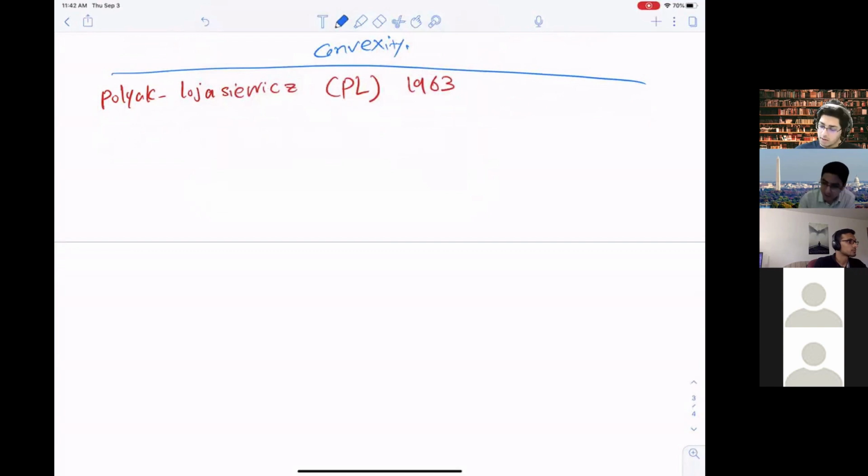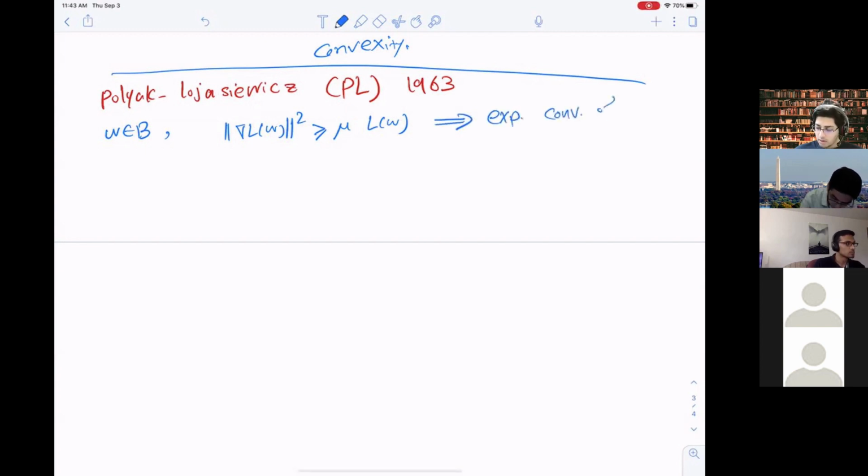So it has a very simple form. It basically says, look at some neighborhood. Let's say my neighborhood is B. Even in this neighborhood, if I could show that the magnitude squared of my gradient is larger than a constant number, mu, times the loss function, so you compute the magnitude of your gradient squared, and if it is greater than mu times the value of the loss function, then you have exponential convergence of gradient descent in that region.